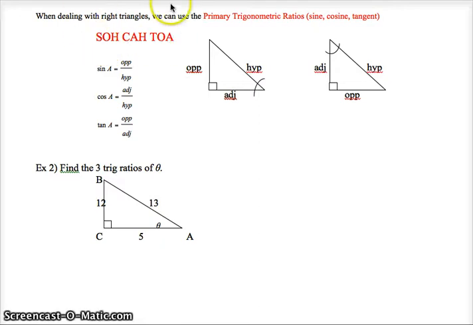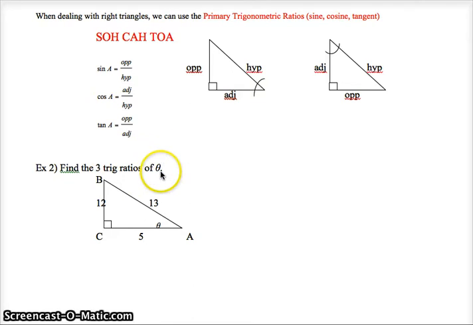A way that we can remember it is SOHCAHTOA. SOH stands for sine equals opposite over hypotenuse. Cosine is adjacent over hypotenuse, and tangent is opposite over adjacent. So SOHCAHTOA.